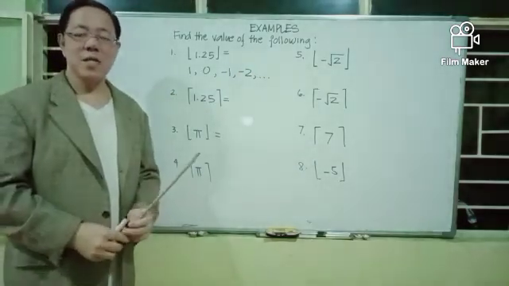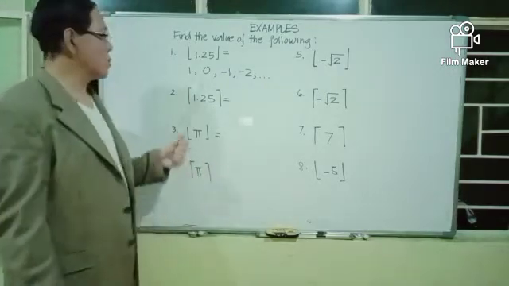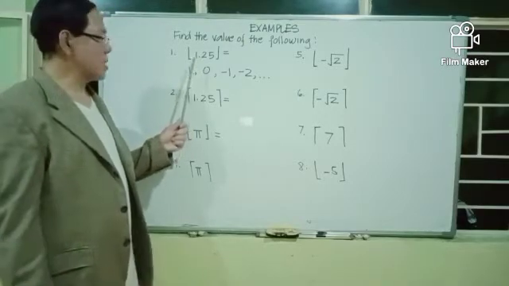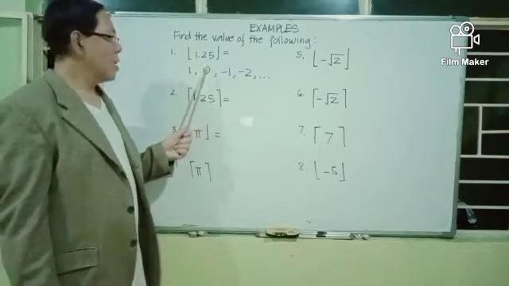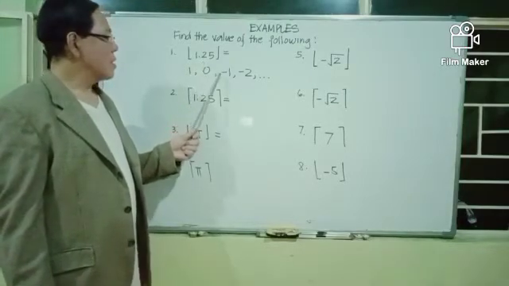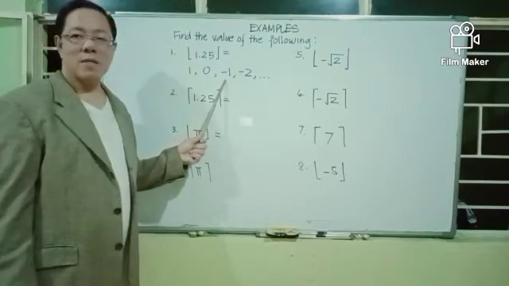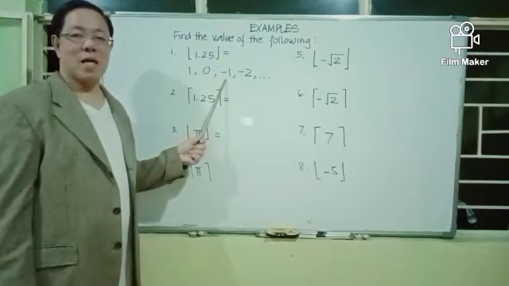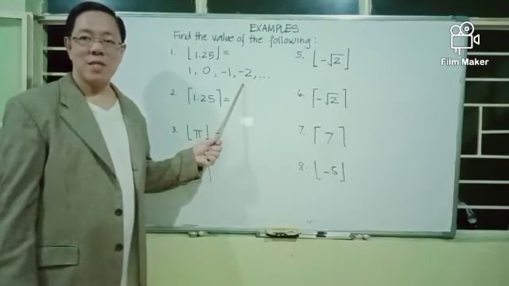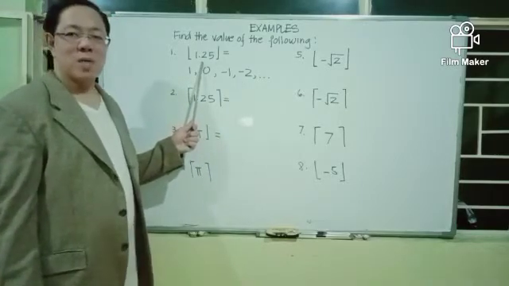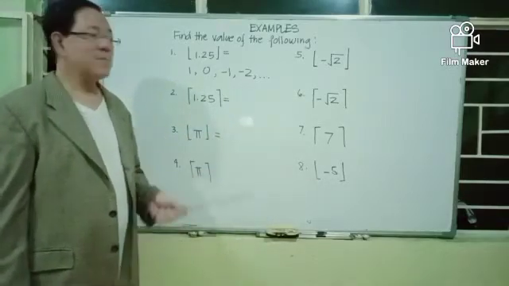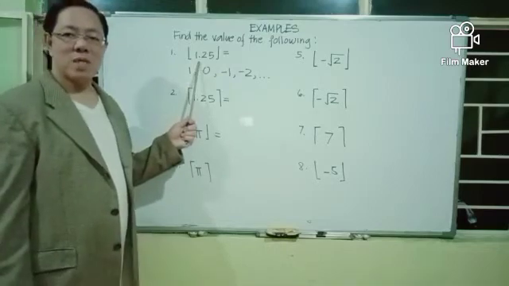Negative 1 is a negative integer less than 1.25. Negative 2 is a negative integer less than the real number 1.25. And all the negative integers are less than the real number 1.25.